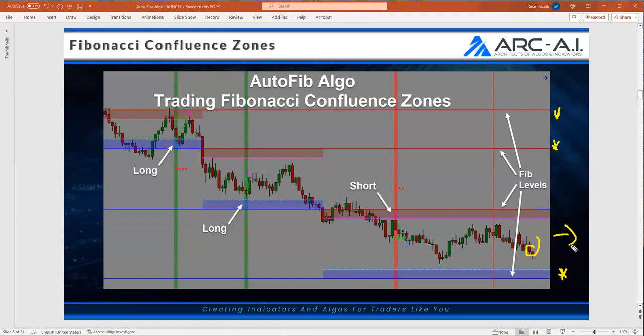Just like smart money concepts with order blocks, just like supply and demand, just like support and resistance, it's the only form of trading that is leading. It's the only form of trading that gives you power because you can see in advance where the trade is going to hit. Unlike every other algo that happens in a reactive state, you can know in advance where these fibs are.